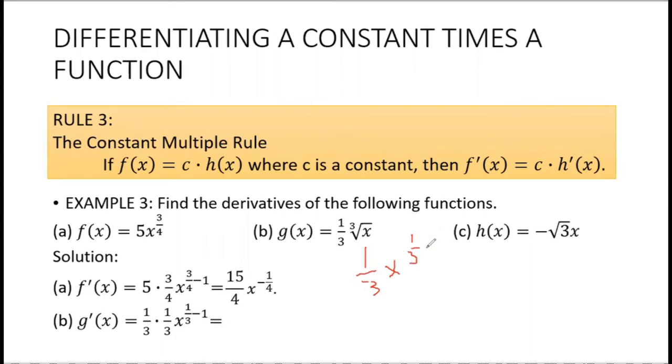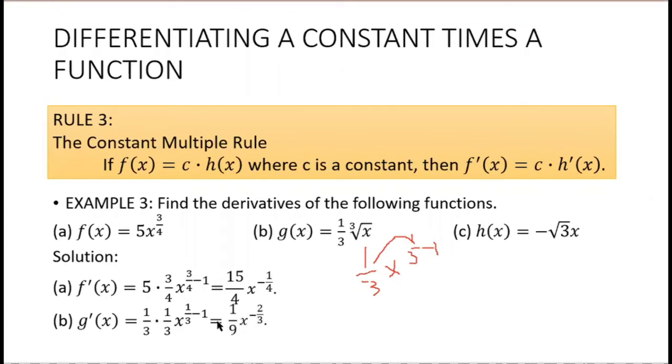So kaya nangyari, magiging product din siya with 1/3. So kaya nagkaroon 1/3 times 1/3 x raised to 1/3 minus 1. Okay, so ang 1/3 times 1/3 ay 1/9. Then, ang exponent naman, 1/3 minus 1 ay negative 2/3.